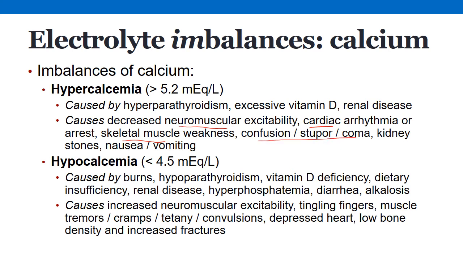One of the differences here is that you have the possibility of kidney stones with calcium. Hypercalcemia can lead to calcification of a lot of your tissues. Some of your soft tissues can start hardening with calcium crystals. But that's most noticeable when the calcium crystals form in your kidneys and therefore become kidney stones.